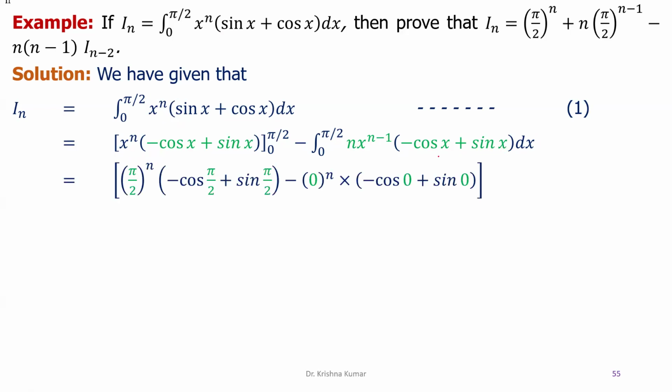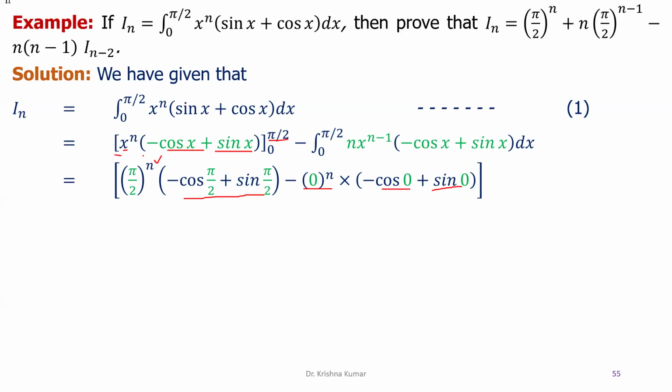Let us simplify it. We have to substitute the upper limit, which is pi by 2. X is pi by 2, so (pi by 2) to the power n in bracket minus cos pi by 2 plus sin pi by 2. This is upper limit minus lower limit, where x to the power n means 0 to the power n multiplied by minus cos 0 plus sin 0.